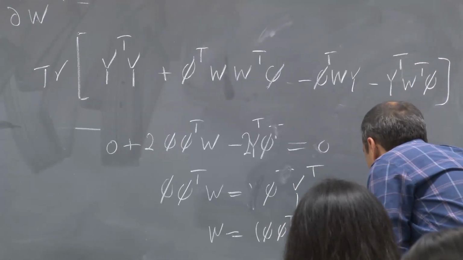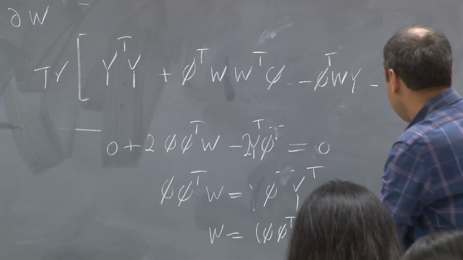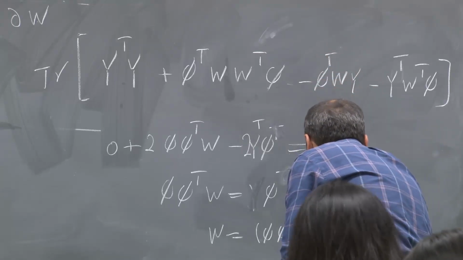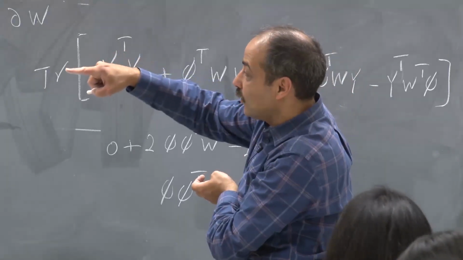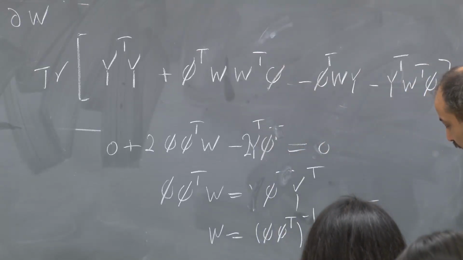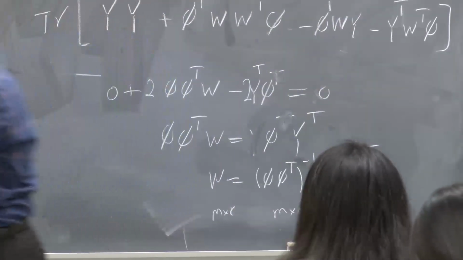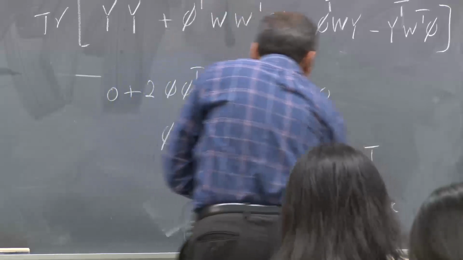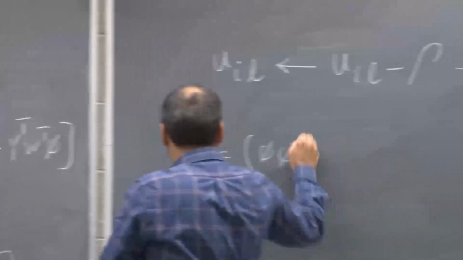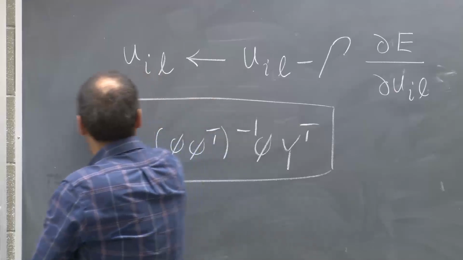So this is going to be n by k. Then phi is m by n, phi phi transpose is m by m, and the inverse is also m by m. So m by m, m by n, n by k, gives m by k, and W is m by k. Yes, that's correct. So the solution is phi phi transpose inverse, times phi y transpose. So we can solve it in closed form.